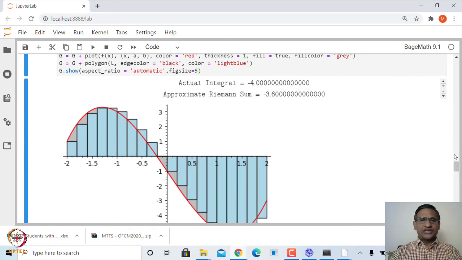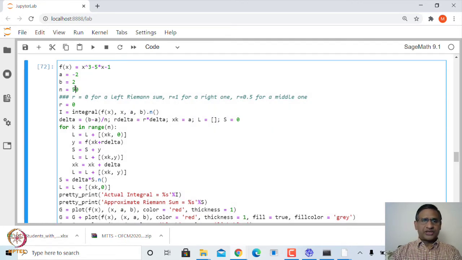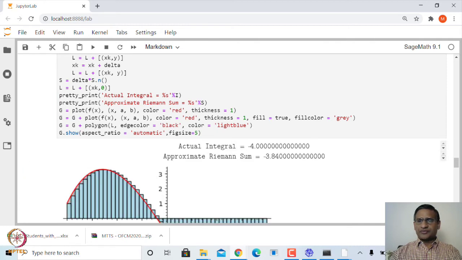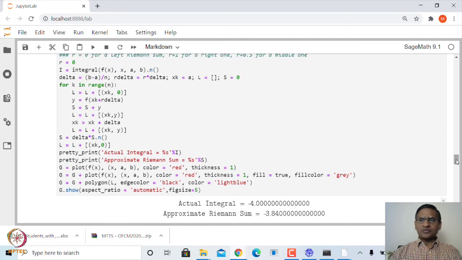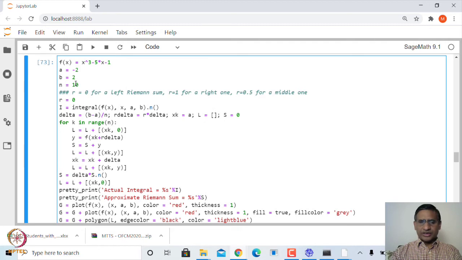When you increase the number of intervals, let us say make it 50, it is -3.84, which is somewhat closer, and if you increase further, let us say make it 100, then you will get much closer.